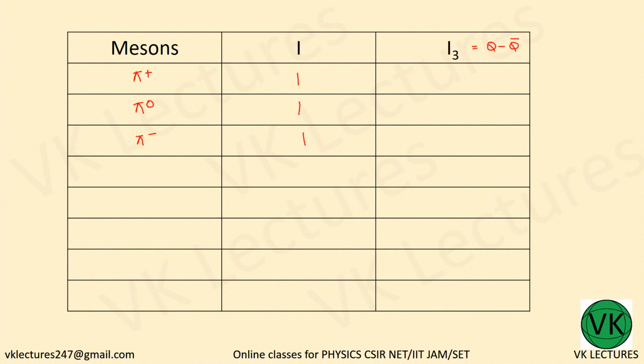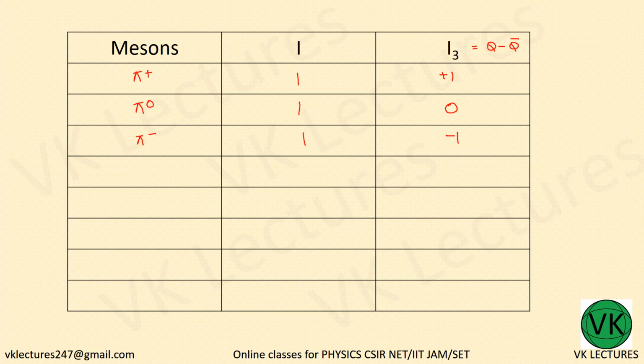You know that for the 3 particles with charges plus 1, 0 and minus 1, the Q bar average value is 0. So I3 is plus 1, 0 and minus 1.